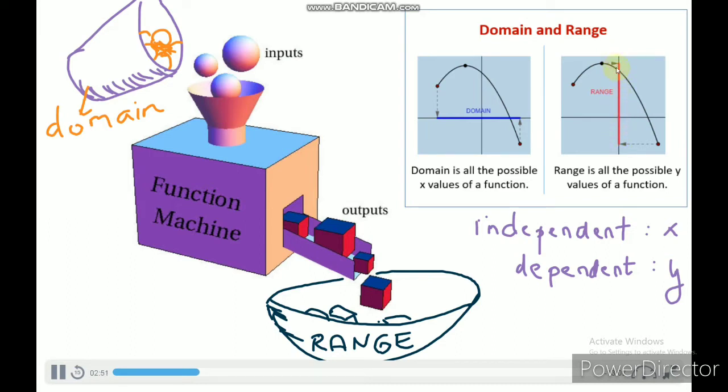So this is the range. The independent variable usually uses X and the dependent variable uses Y. Therefore, we prefer using X for your horizontal axis and Y for your vertical axis. But again, it depends on our agreement.